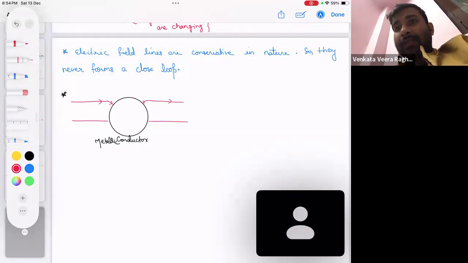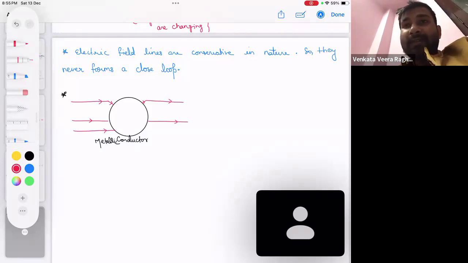Like this. So, electric field lines on a conductor surface. Is it a correct diagram? Just see, I may have already made a mistake. Please tell me, is the first line representing the correct electric field lines?